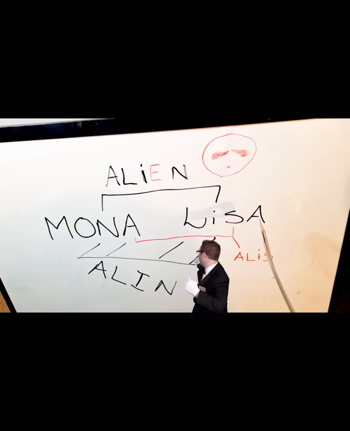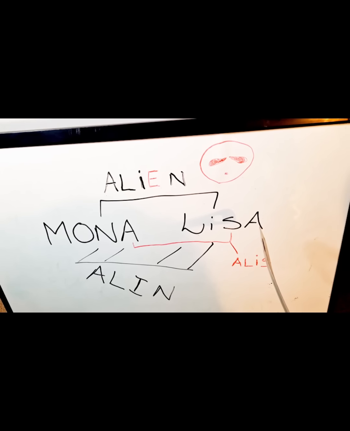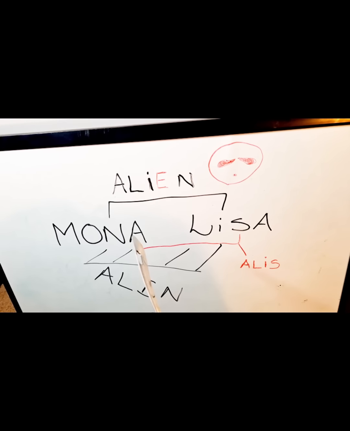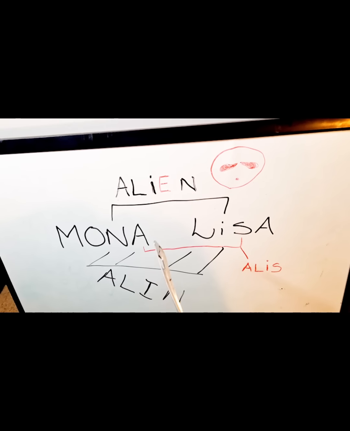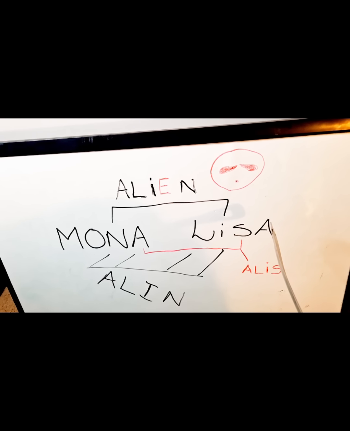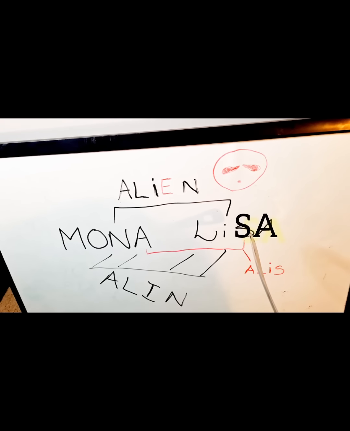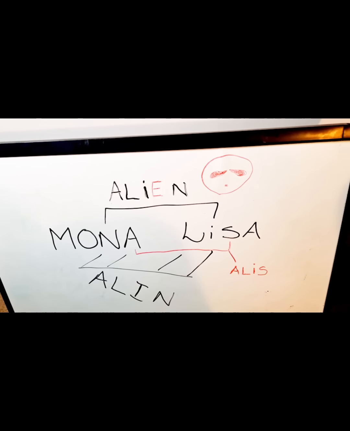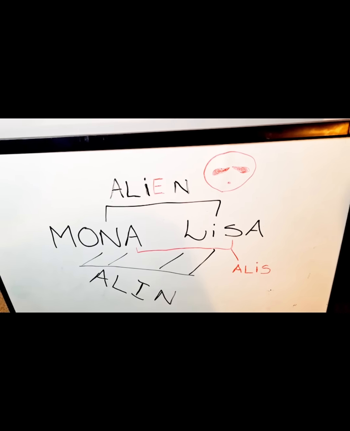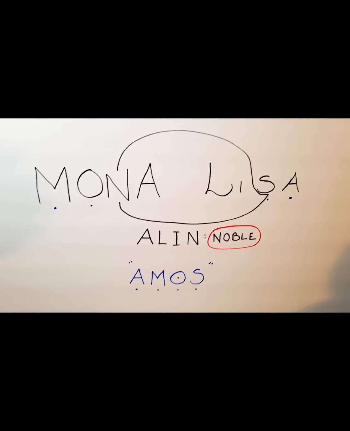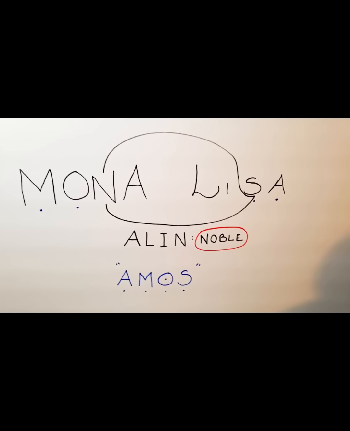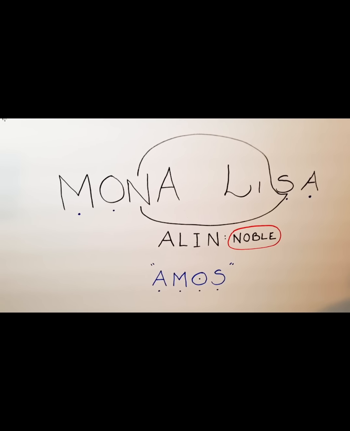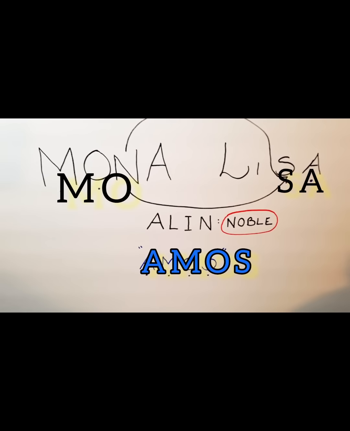And the remaining letters that we have left in Mona Lisa from alien is A, S, M, O. You know what those letters say? Hold on. That's right. In the remaining letters, that says the name Amos. You see it?